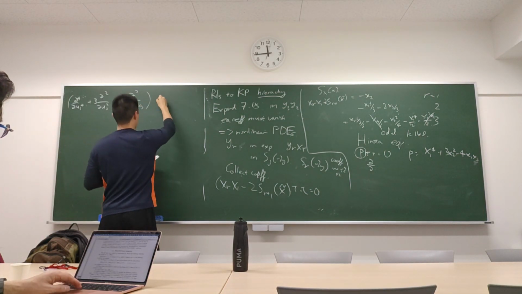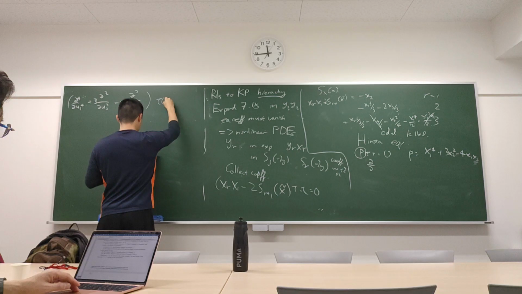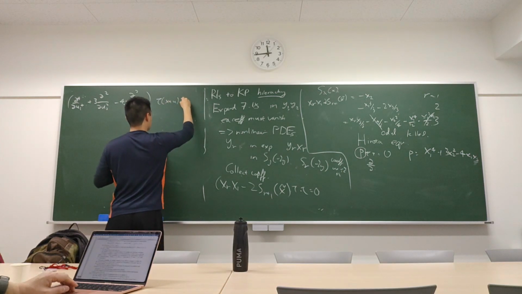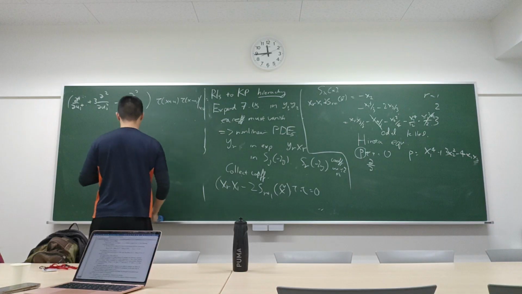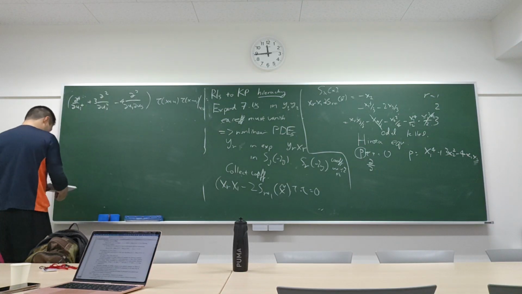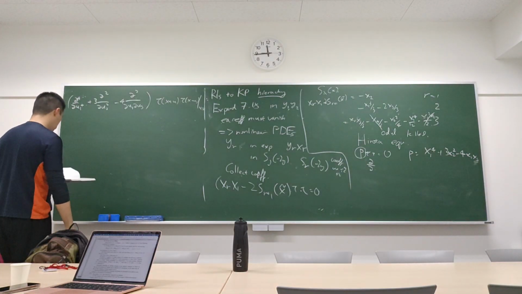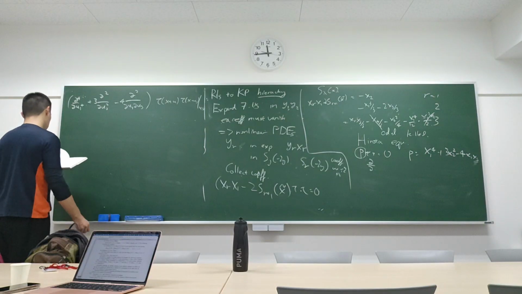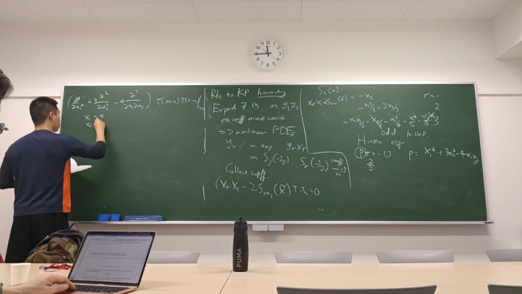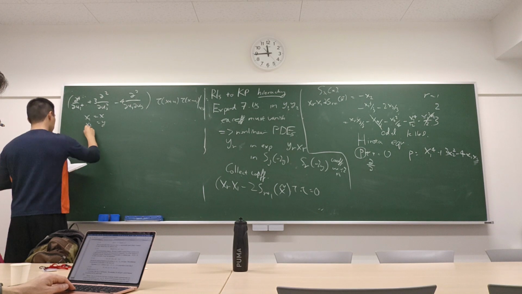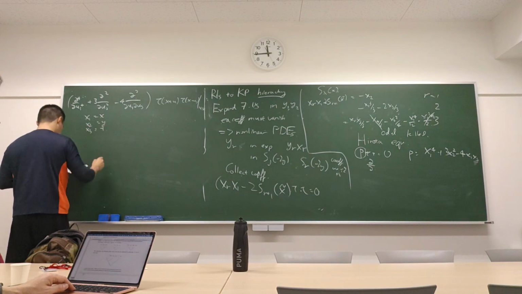And remember, we have this tau of x plus u, tau of x minus u thing going on here, and evaluate at u equals 0. So we're going to write it in a particular way to make connection with the KdV equation. x1, we're going to write as x; x2, we're going to write as y; and x3, we're going to write as t.